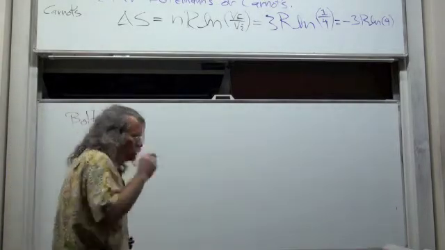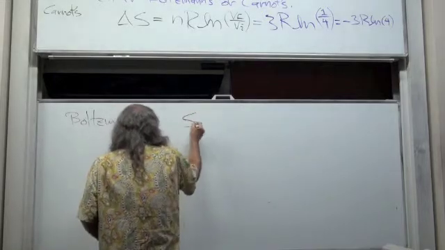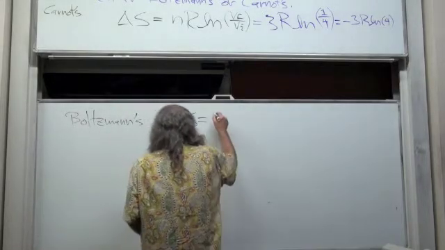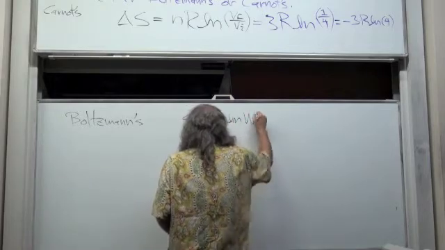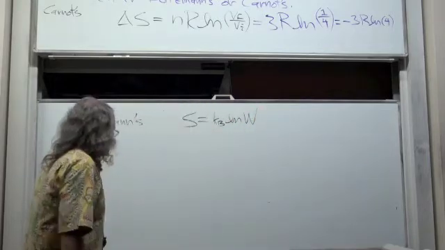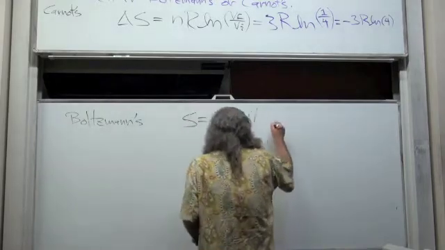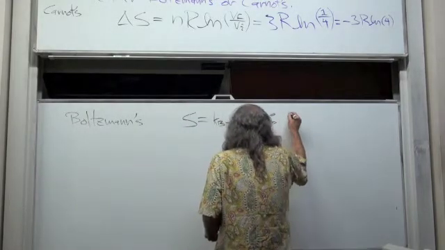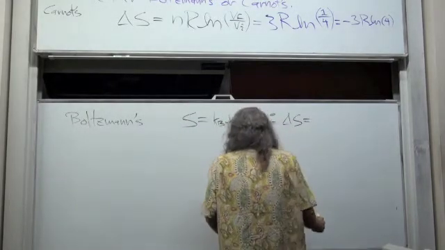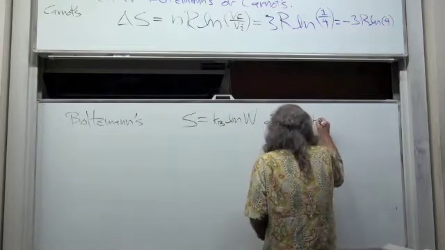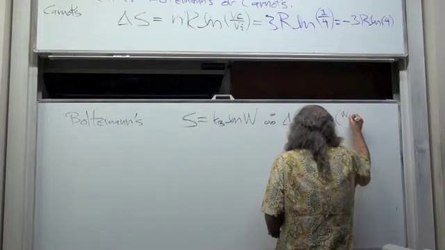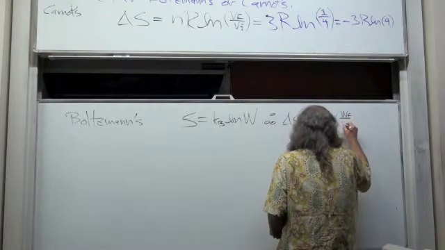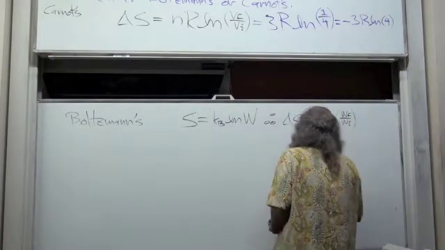So Boltzmann's approach is that S is equal to what? K_B natural log of omega, and therefore delta S is equal to K_B natural log of omega final over omega initial.